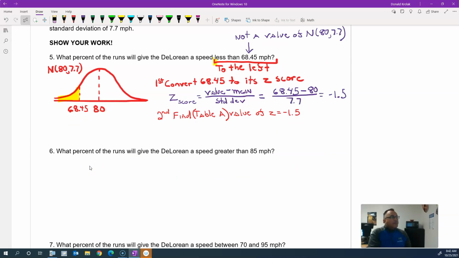And so that's going to be 6.68% of runs are less than 68 miles.